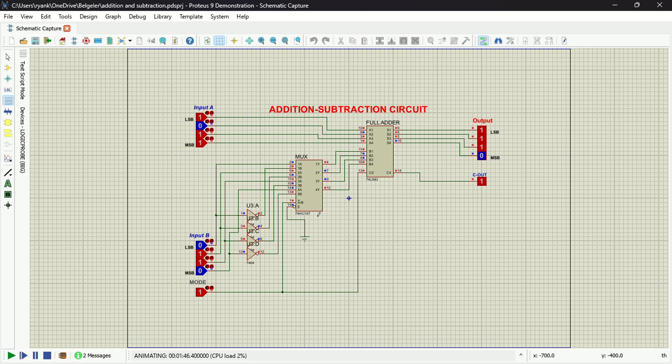So if we have a subtraction operation, the ones complement of B is going to be selected. Once it's selected, also notice that the mode is connected to the carry input of the adder. This now adds 1 to the 1's complement of B, thus giving us the 2's complement of B. That's how we get the subtraction component.